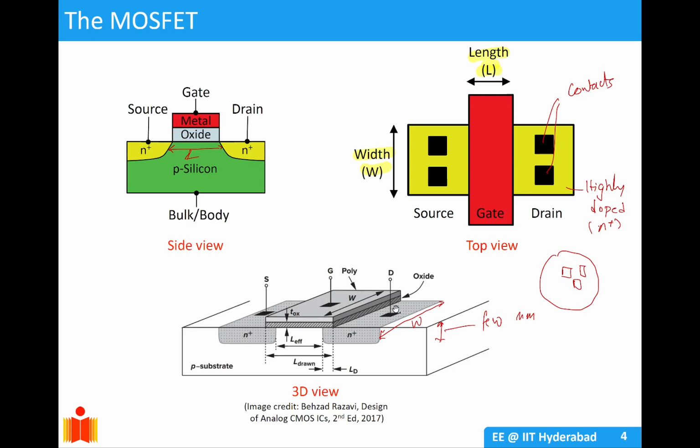Then on left and right you do a highly doped opposite type, that is N plus for a P type substrate, which act as source and drain, and on top of that there are metals for taking contacts. The whole thickness of this doped region is a few nanometers, not very deep, although the substrate thickness is in microns.